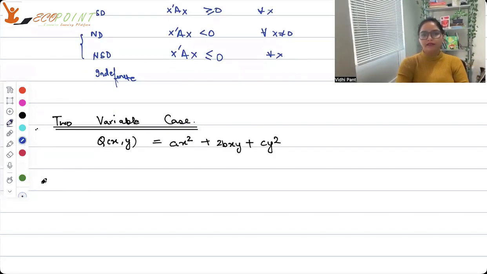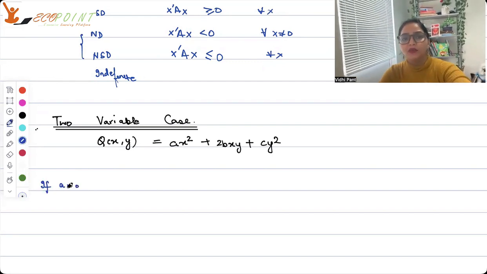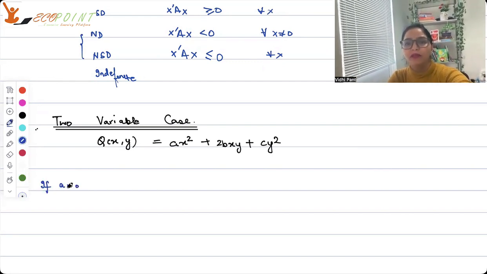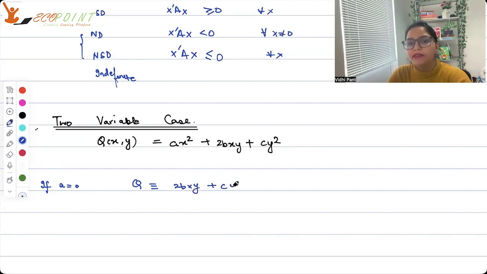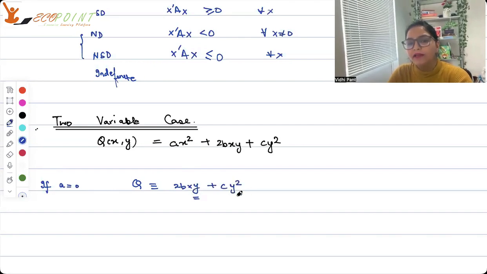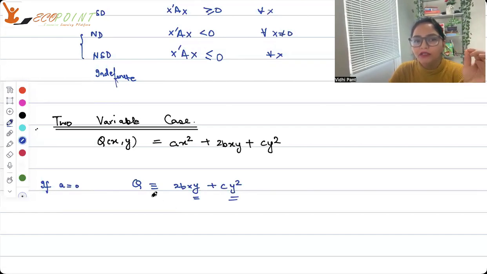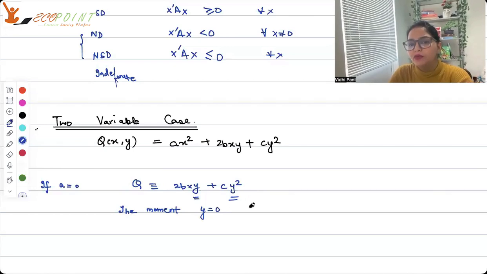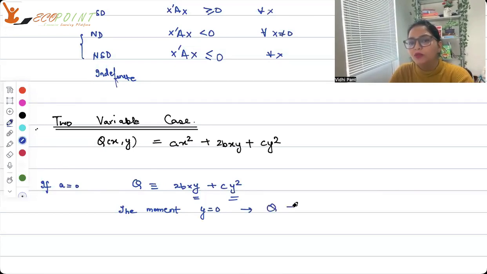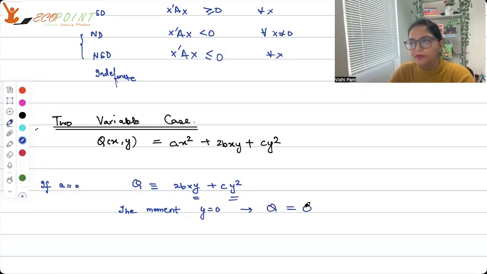Now, in here, if a is equal to 0, what do you think is going to happen here? Your quadratic turns into 2bxy plus cy square. So you have y here, y here. So in case a is 0, the moment y is equal to 0, Q becomes 0.